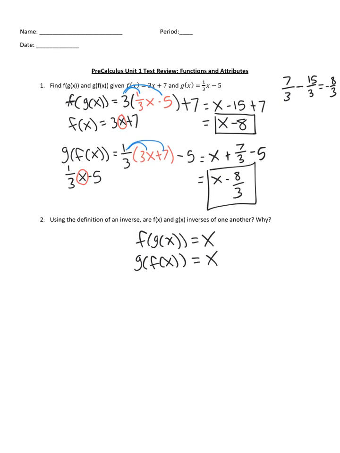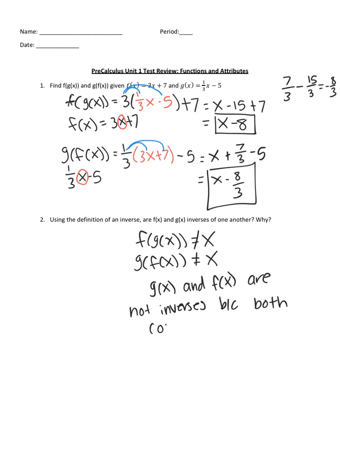One of them has a minus 8/3. So since these are both not equal to x, g and f are not inverses, because both compositions are not equal to x.